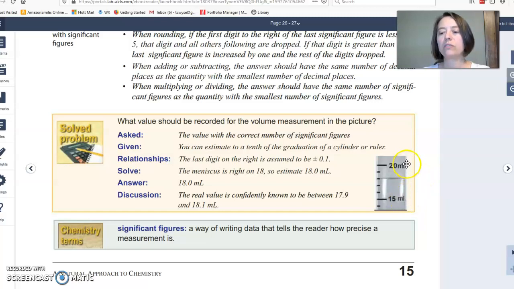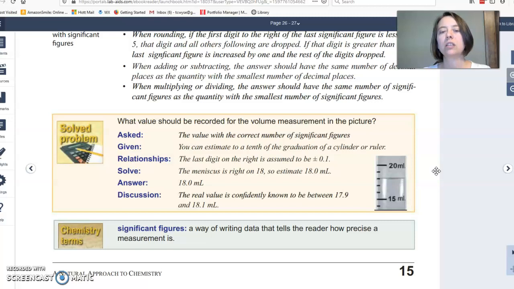Well, we know we go from 15 to 20 milliliters, and there are 1, 2, 3, 4, 5. So the difference between 20 and 15 is 5, and 5 divided by 5 is 1. So this is easy. Each little division is 1 milliliter. But we just talked about when we do significant digits, we have to do one more place.